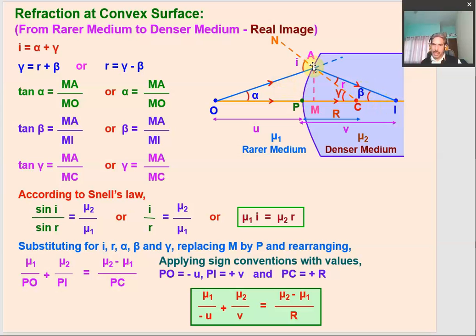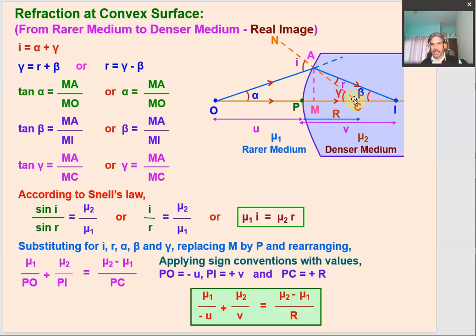At this point of incidence A, we are drawing a normal CN, which passes through the center of curvature of this convex spherical surface. The angle made by the incident ray with the principal axis, let us call it alpha. The angle made by this refracted ray with the principal axis, we are calling it beta.